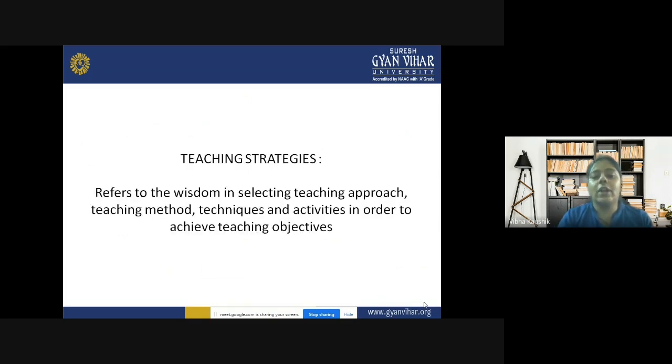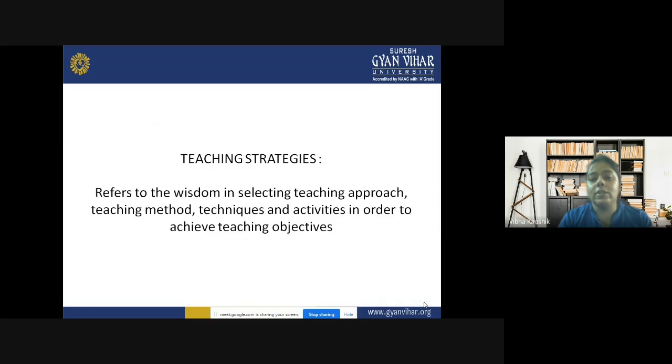Now, the teaching strategies refer to the wisdom in selecting a teaching approach. Teaching strategy refers to the wisdom of the teacher in selecting the teaching approach. Which teaching approach should be used by the teacher to teach that particular subject or content to the students? Teaching method: which teaching method should be employed by the teacher? Techniques: what different techniques will be used by the teacher?